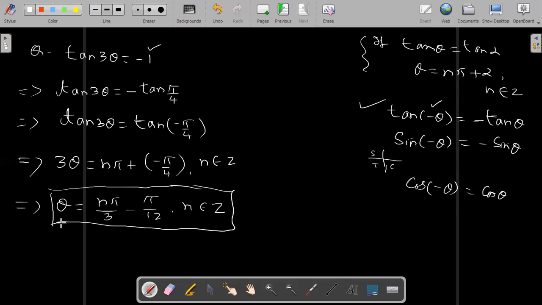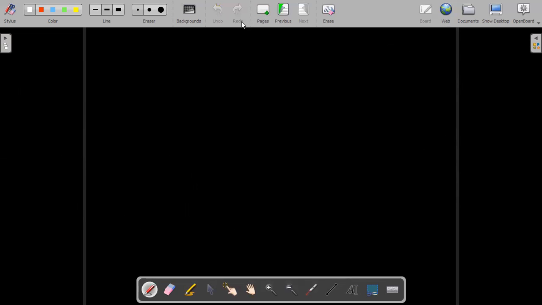Okay. So these are the questions where you are finding right hand side values. Now we have some equations. Now we can go to the higher part where we have been given some equation and we have to use different formulas.